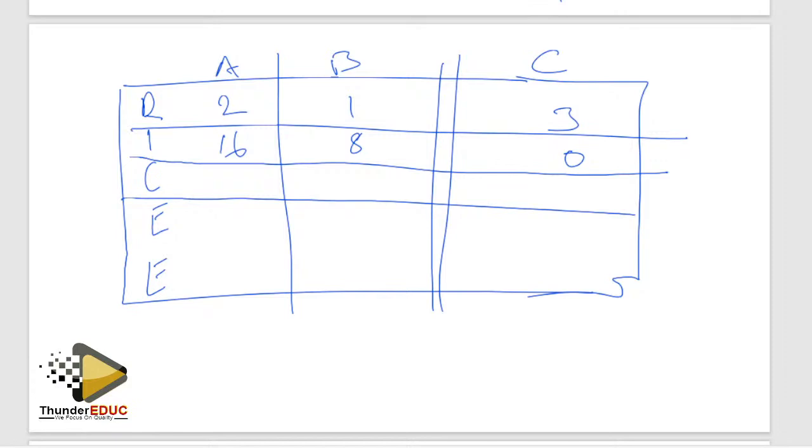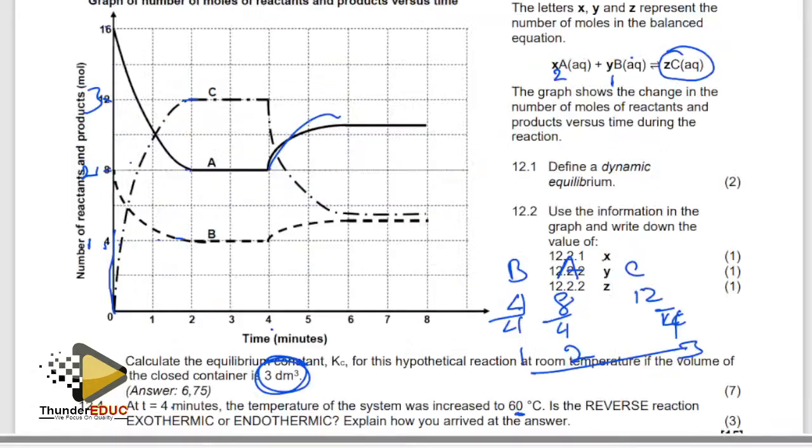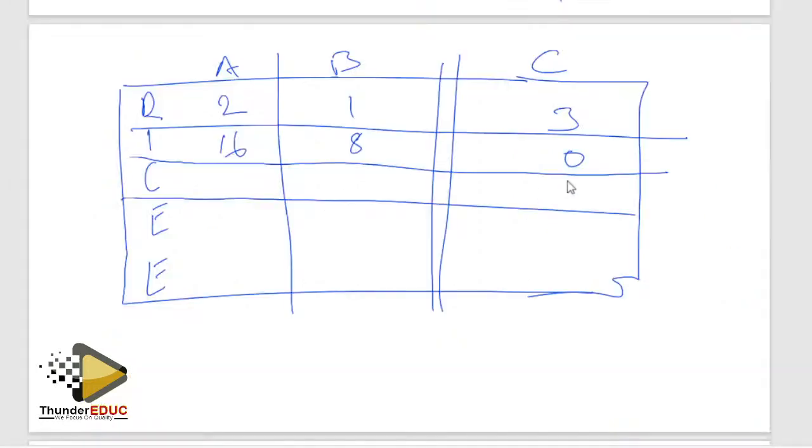How will I find the change? C is 12. Definitely, if C is 12, and at equilibrium, that's what is produced. Even at equilibrium is 12.